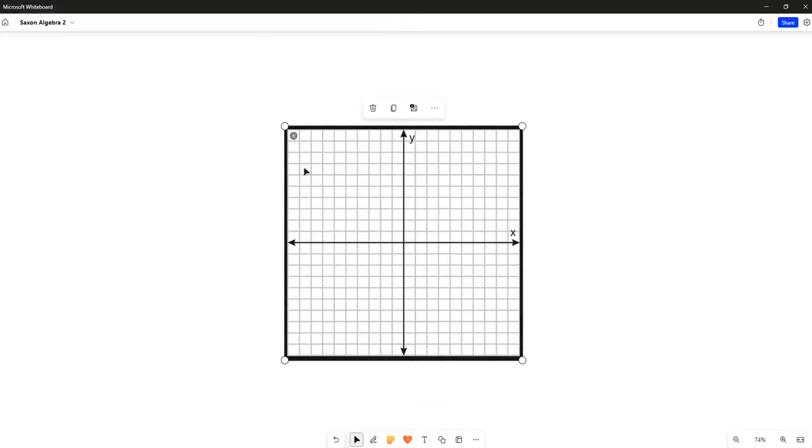So we've got 5 comma 3. So we're going to go to the right. 5, 1, 2, 3, 4, 5. And up 3, 1, 2, 3. And put a point right there. And then we're going to go negative 2 and down 3. Point right there. So that's our hypotenuse of our triangle.